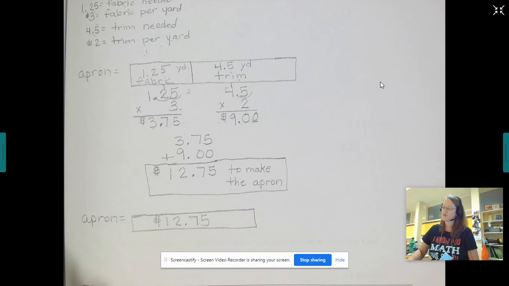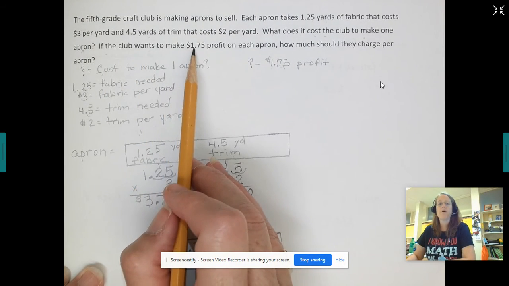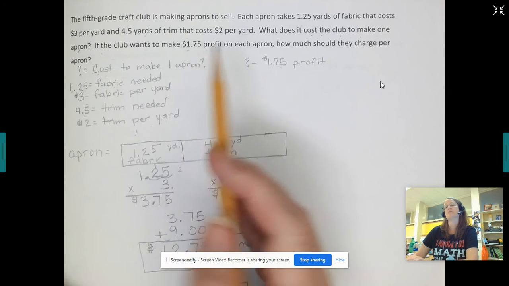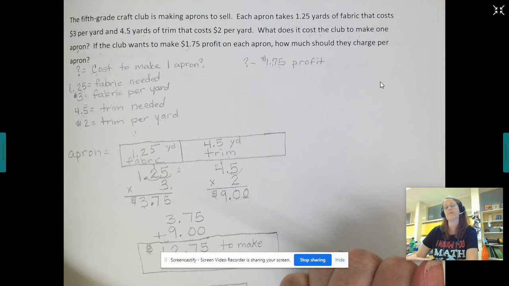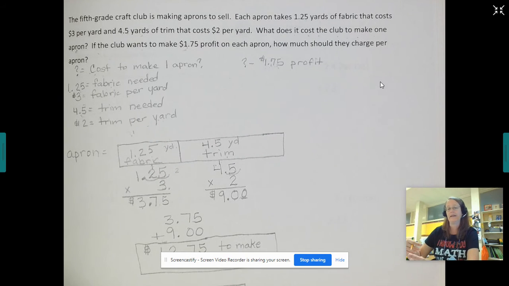But then in the question, it says if the club wants to make a profit, that means after they have spent the money to make it, the $12.75, if they only sell it for $12.75, that's called breaking even. That means they haven't made any money. So to make a profit, they have to charge more than it costs to make the item.